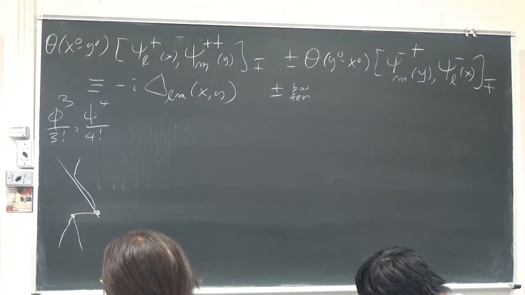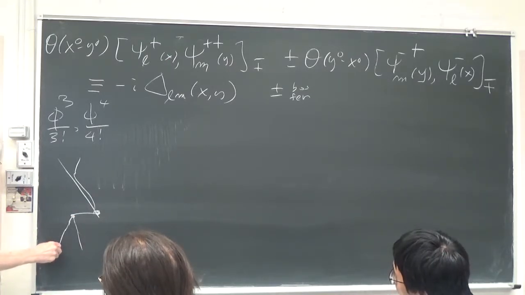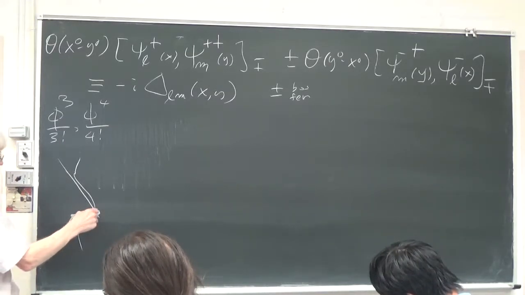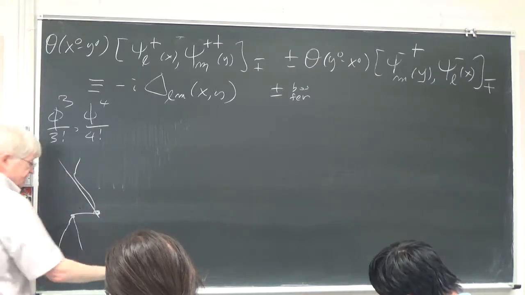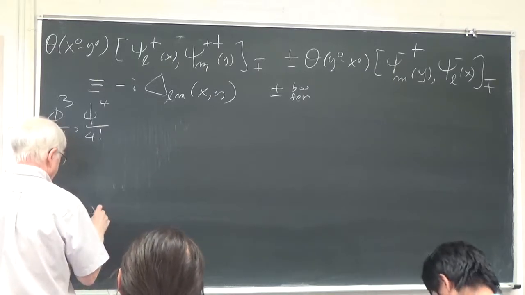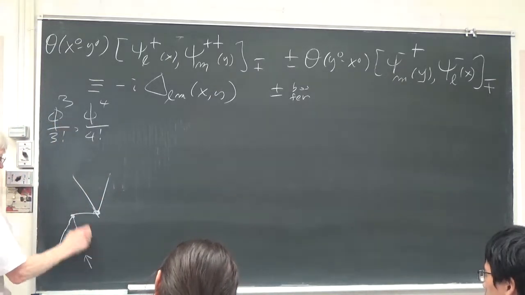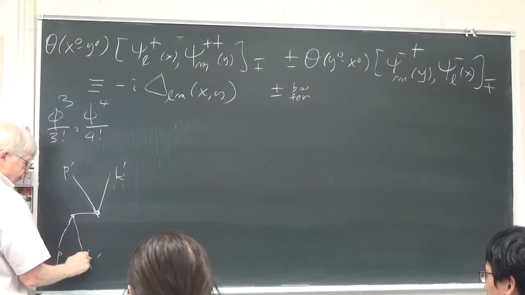So in other words, two fields annihilate the two incoming particles, and two of the fields here create the two outgoing particles, with momenta p, k and p prime, k prime.